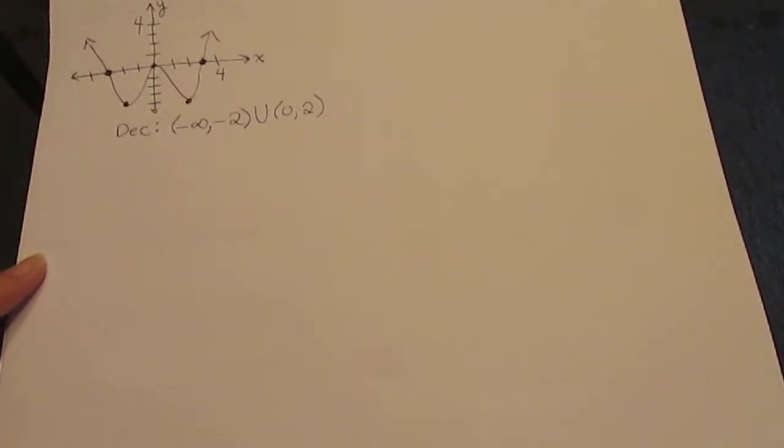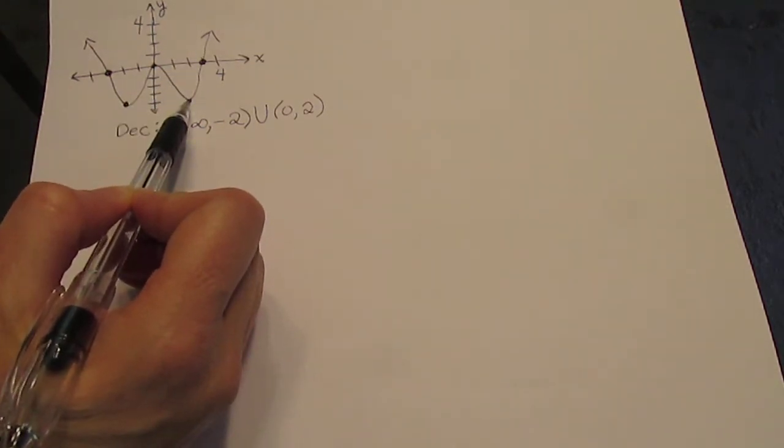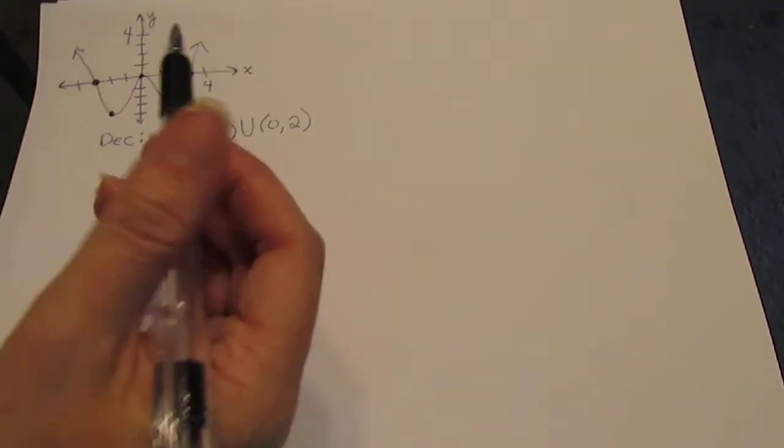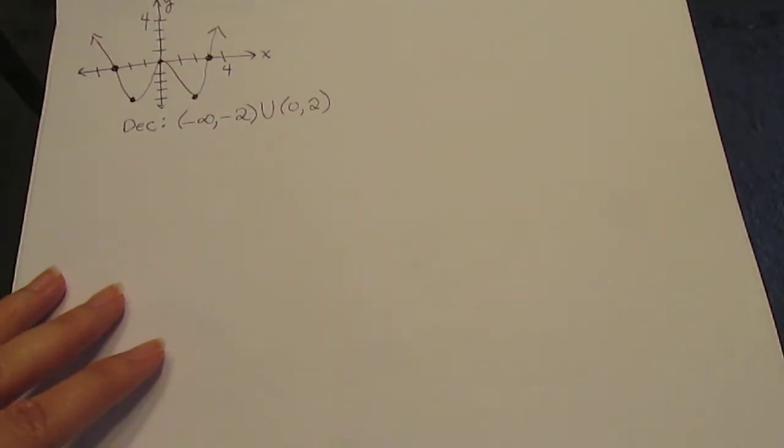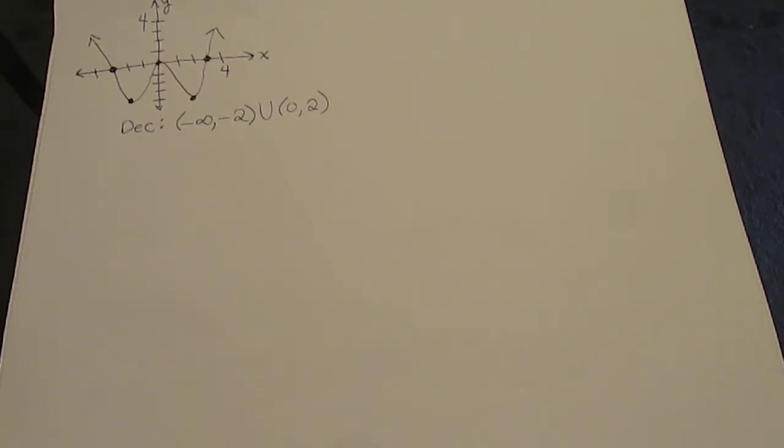And normally in textbooks, you'll see that they always use open parentheses when describing where it's increasing and decreasing, because at this particular point, it's not increasing, it's not decreasing, so I don't want to include it. But in some places they do use the brackets, so it's all right, but normally we use parentheses.